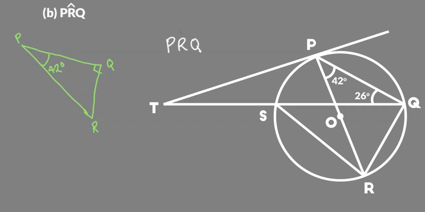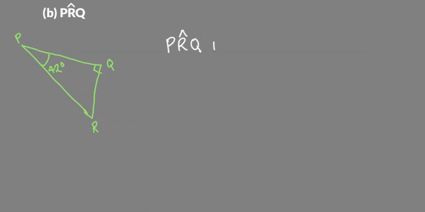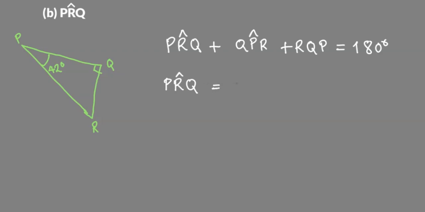We know that PRQ plus the rest of the angles in this triangle should add up to 180. And if we make PRQ the subject, we're going to have 180 minus QPR plus RQP.